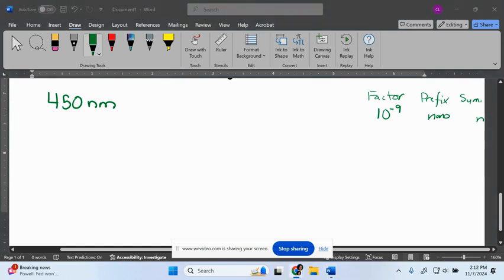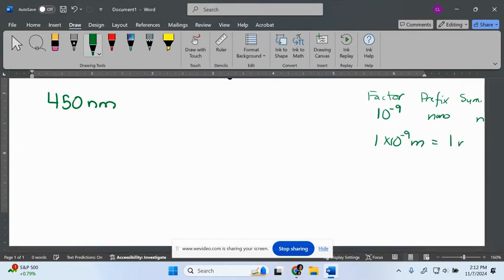Okay. So you are going to look at that, and you will see that we have these. This is set up. So if I had 1 meter, or I'm sorry, if this is what it is for the meter, 1 times 10 to the negative 9 meters would equal 1 nanometer.